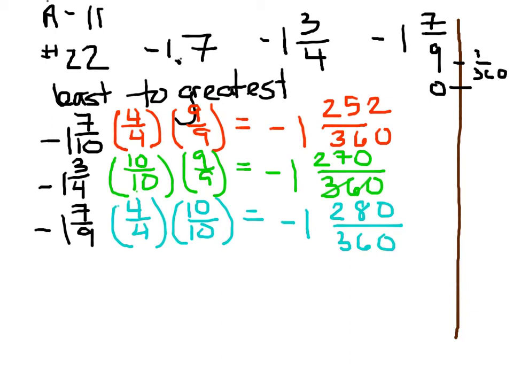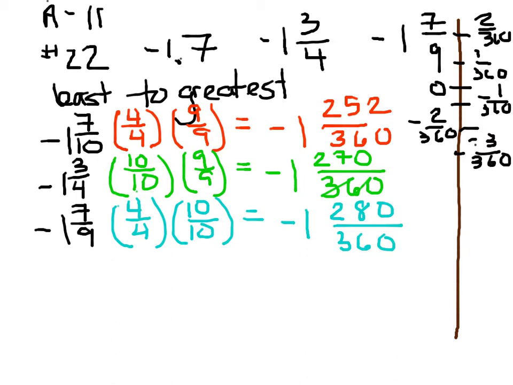And then I get 2/360. Okay, so that's if I'm going in the positive direction. I want to go in the negative direction, so I know this is going to be -1/360, and then I'm going to have -2/360, -3/360.